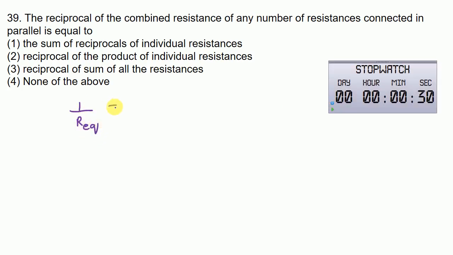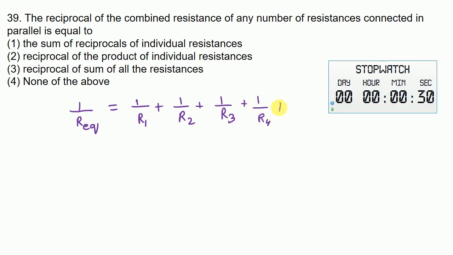Combined resistance or equivalent resistance. Reciprocal, 1/R1 plus 1/R2 plus 1/R3 plus whatever amount of resistances you want to add. Read the statement: the sum of reciprocals of the individual resistances. Yes, because the question is asking the reciprocal of the combined resistance, not the combined resistance.